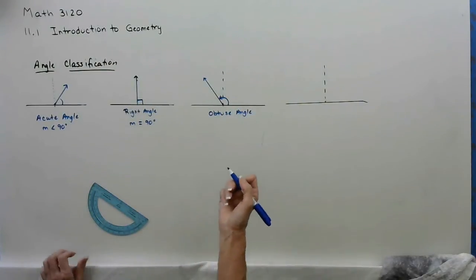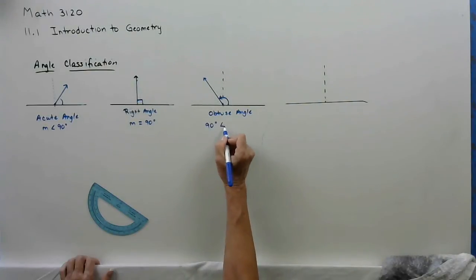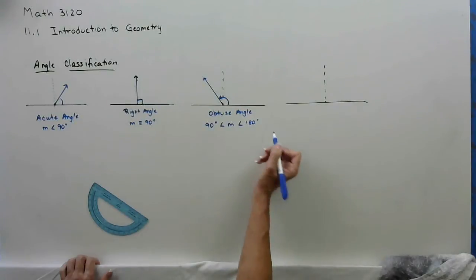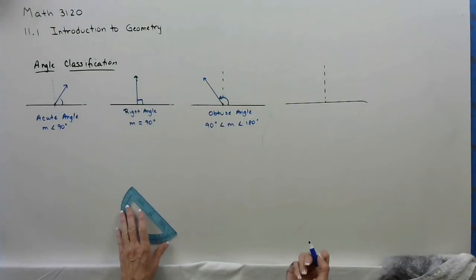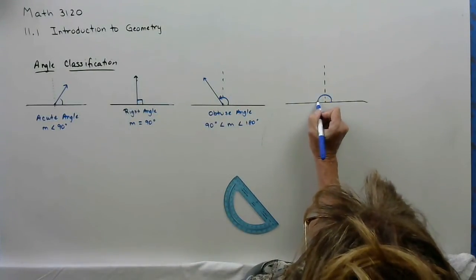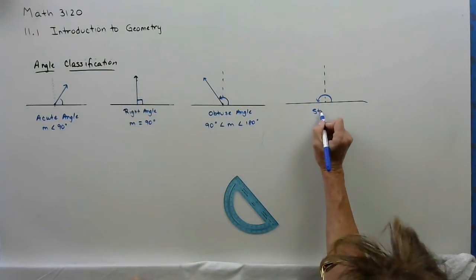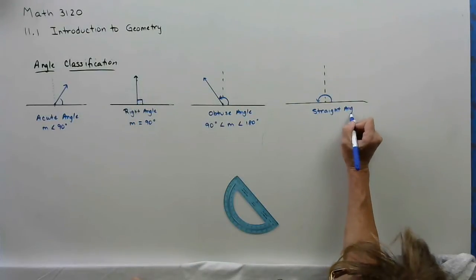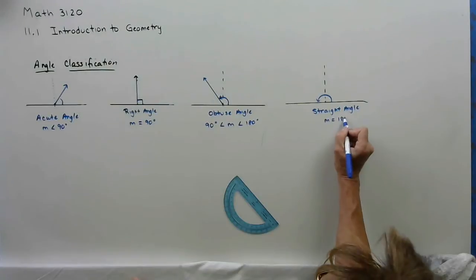So 90 degrees is less than that measure, which is less than 180 degrees. And then if I go all the way past 90 and all the way around to 180, that's what we call a straight angle. So its measure is exactly 180 degrees.